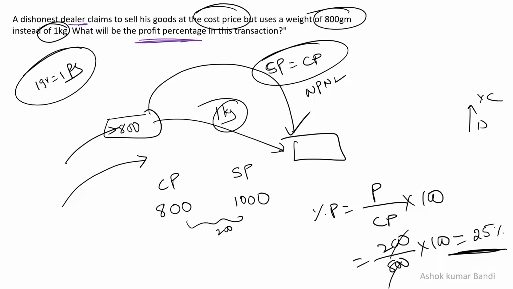Simply check how much you are getting and how much you are getting it for, and how much you are getting after selling it. So take the amount spent as CP and the amount you are getting back as SP, and you will get your profit percentage.